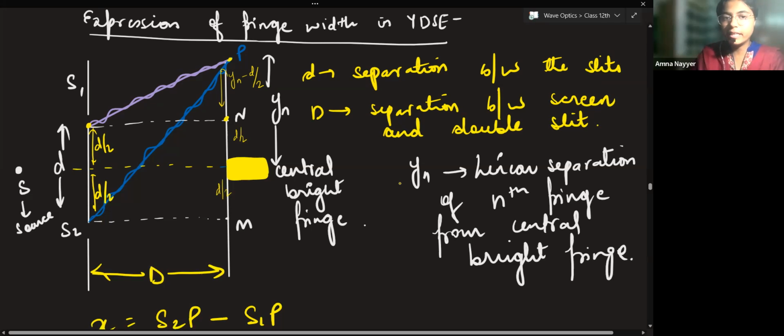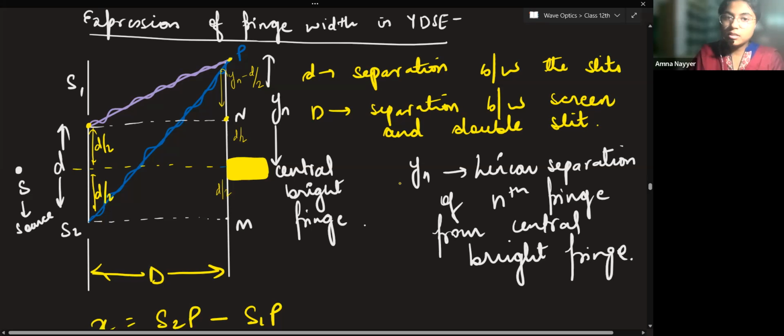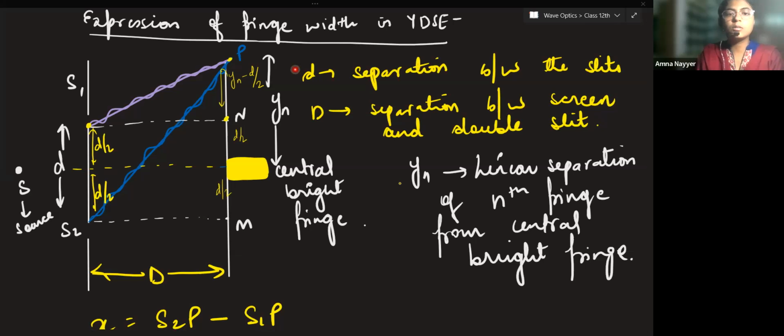Now see, in this triangle, what will happen? This is Yn minus d by 2, because this entire part was Yn. If this path is Yn, then this path is simply Yn minus d by 2.